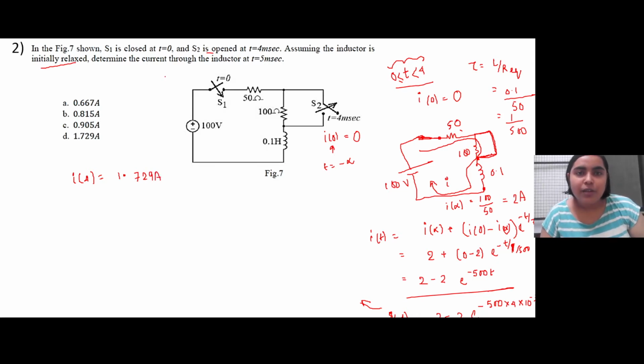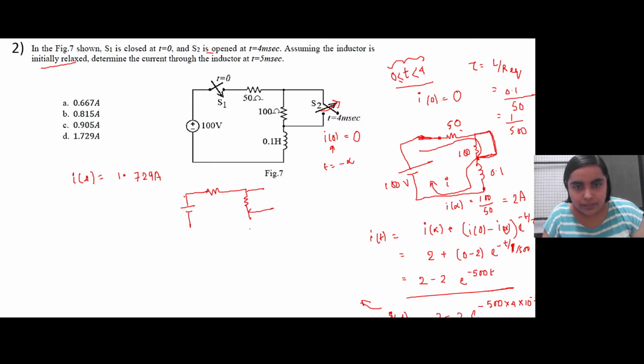Now at 4 millisecond what is happening is S2 is opened. So now the circuit looks like this. One resistance here, another resistance here. Since this is open, the inductance is here. So the time constant tau will change because now it is seeing two resistances, 50 ohm and 100 ohm. Initially this 1.729 ampere current was flowing at t equal to 4 millisecond.